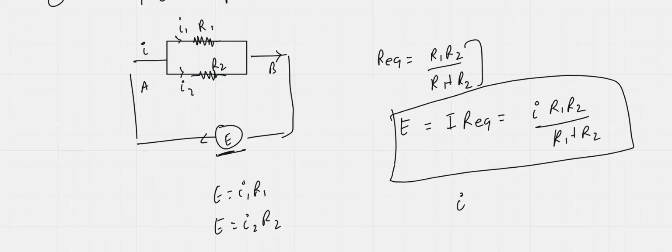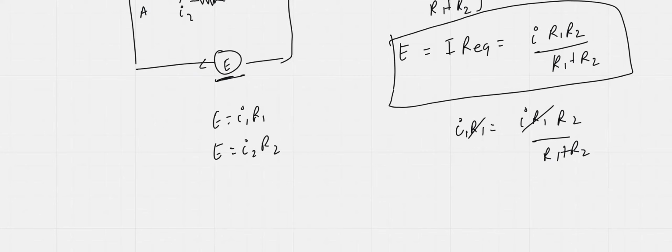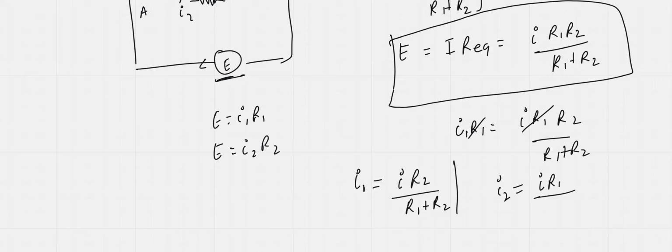When I equate I1 R1 with I2 R2, with the total current I, this gets cancelled. What I am left with is the current flowing through one resistor is equal to the total current multiplied by the other resistor divided by the sum of both resistors. Is this clear, Kirtana?